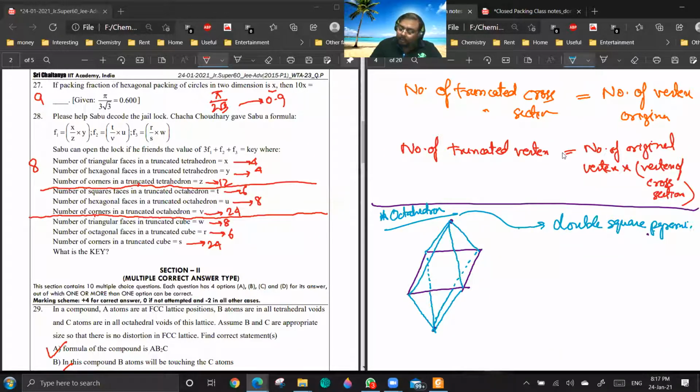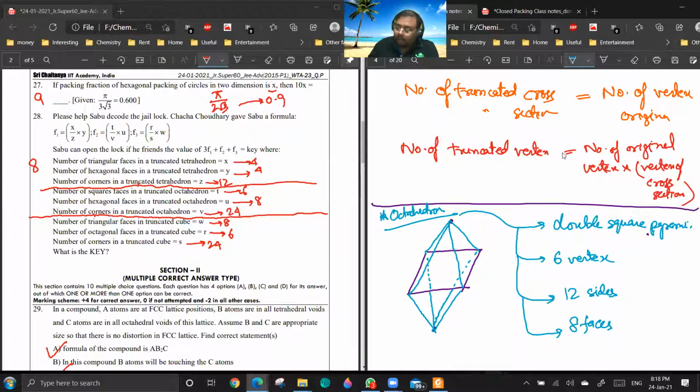How many vertexes are you having? 6. How many sides? 12 sides: 4 on the top, 4 on the bottom, and 4 in the plane. And how many faces? 8 faces.